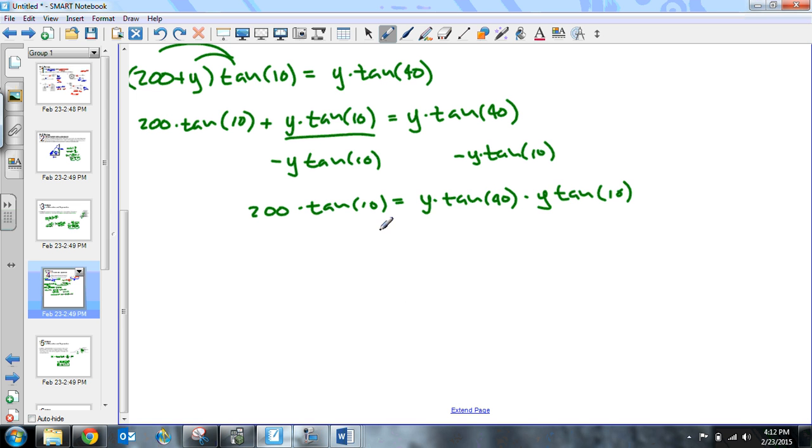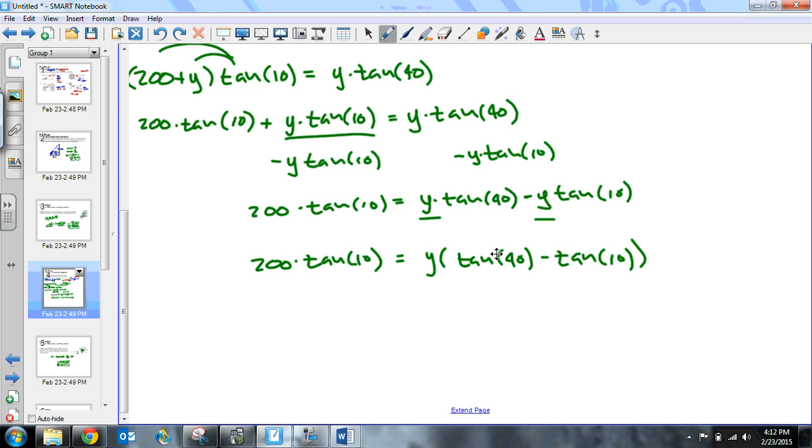This is a minus sign, so I can factor out a common y value. I get 200 times tangent of 10 is equal to the quantity y times tangent of 40 minus tangent of 10.